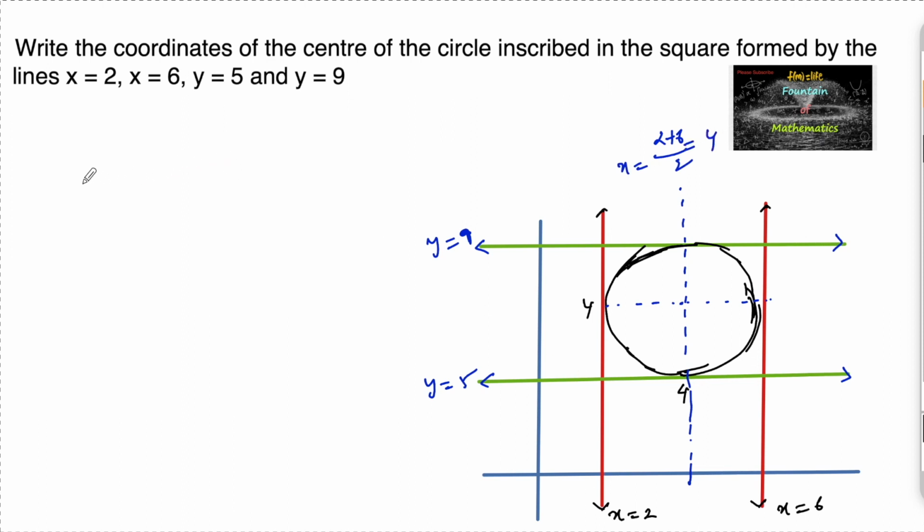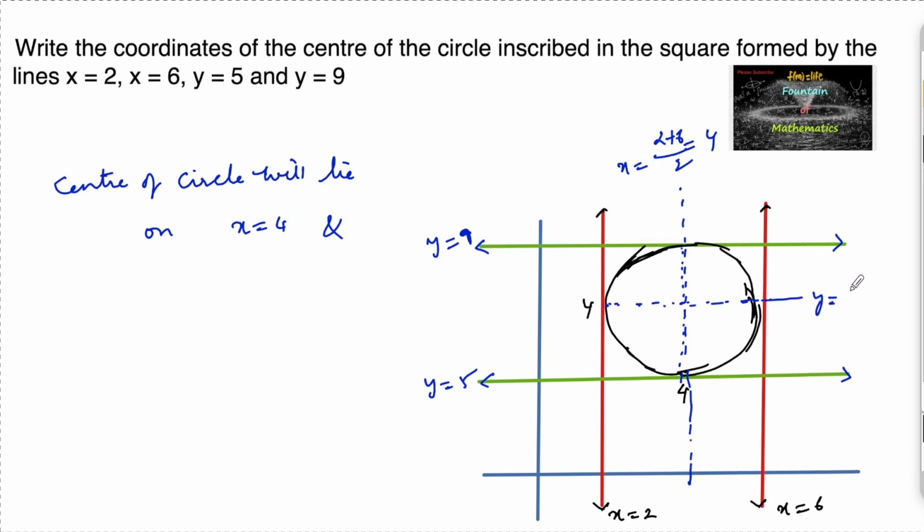So we'll be getting the center of the circle will lie on x is equal to 4, and the midpoint of both y is equal to 5 and y is equal to 9. So we can write y is equal to (5 plus 9) by 2, so that is 14 by 2, that is 7, and y is equal to 7.